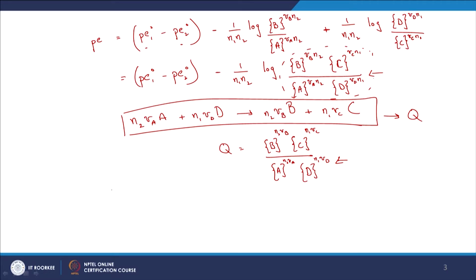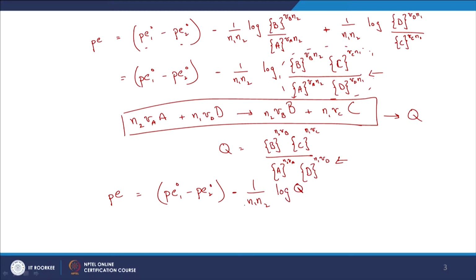So, now I can write PE of the overall reaction as the difference in the standard reduction potentials minus 1 by N1 N2 log Q.